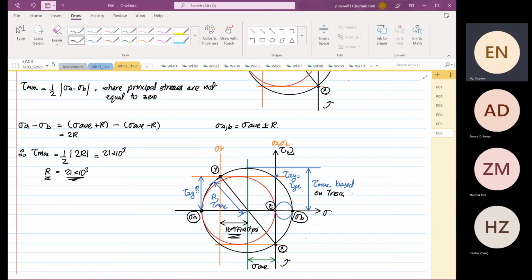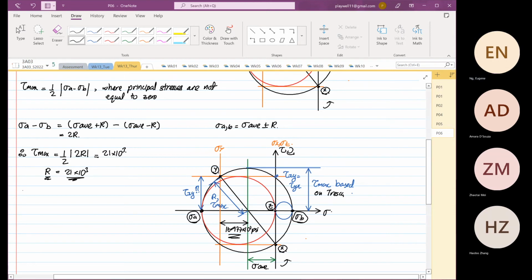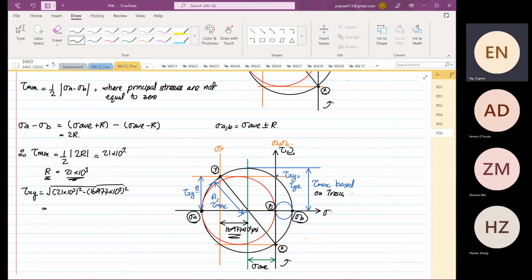So the shear XY is equal to the square root of 21 times 10 to the power 3 squared minus 16.977 times 10 to the power 3 squared, which is 12.36 times 10 to the power 3 psi.